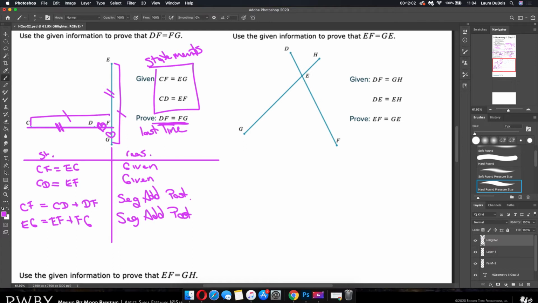And now, very conveniently, since we know that CF and EG are the same, why don't we set them equal to each other? So we now can say that CD plus DF, so that's this piece, equals EF plus FG, that's this piece right here.